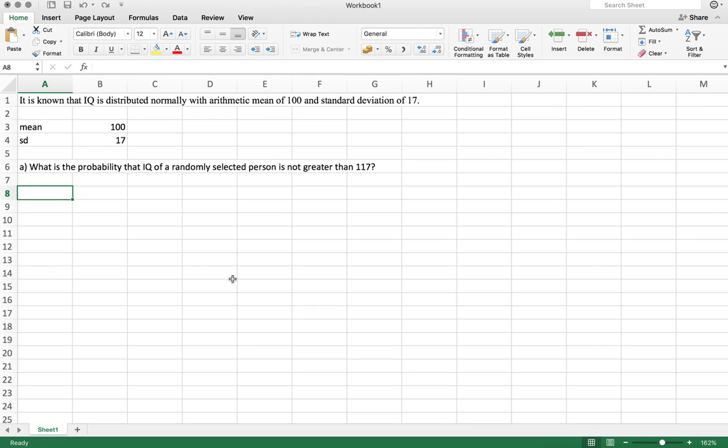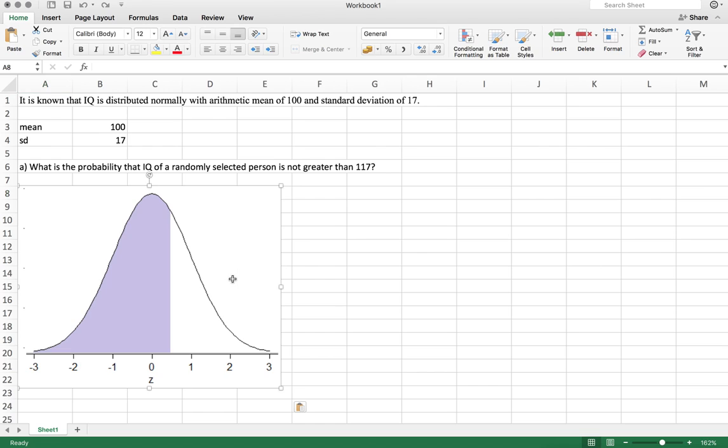To illustrate this, what we are looking for is the following area. This is our mean of 100, the point here being 117, and we are looking for this area under the curve of the normal distribution.